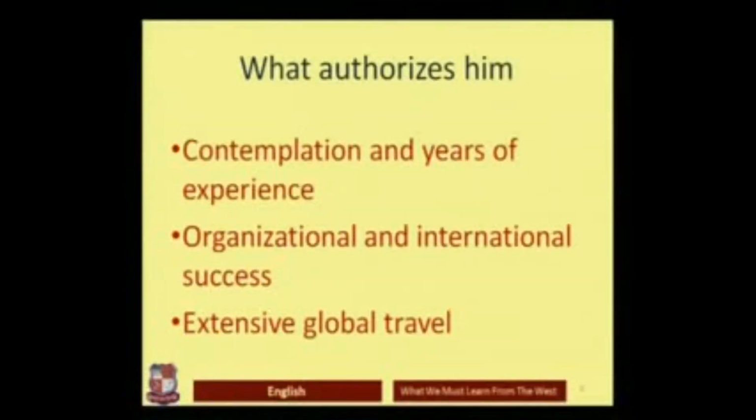So what authorizes him to speak about values and about Indian culture, or whatever word of advice he has for us? As he himself declares, his contemplation and years of experience, organizational and international success, and extensive global travel.